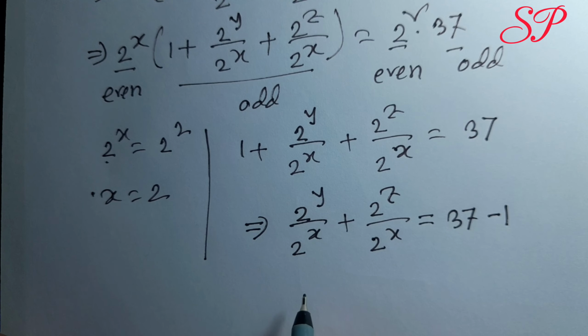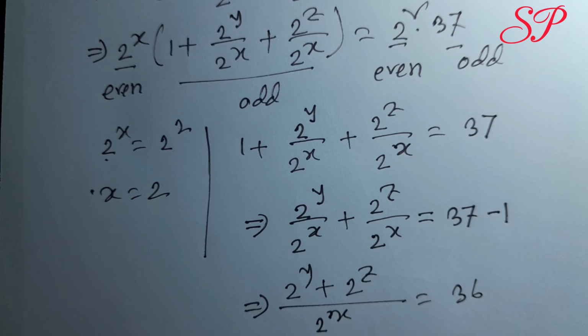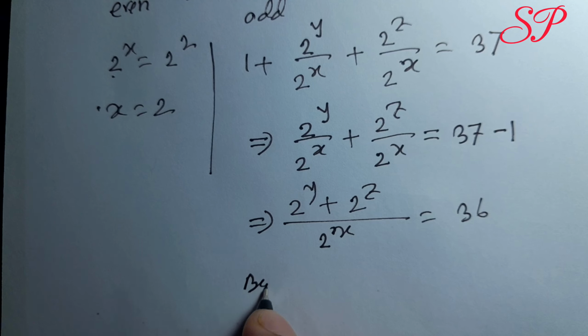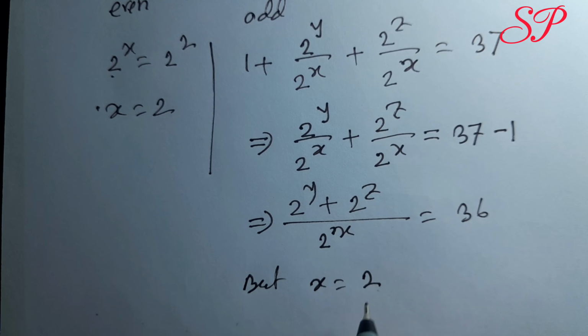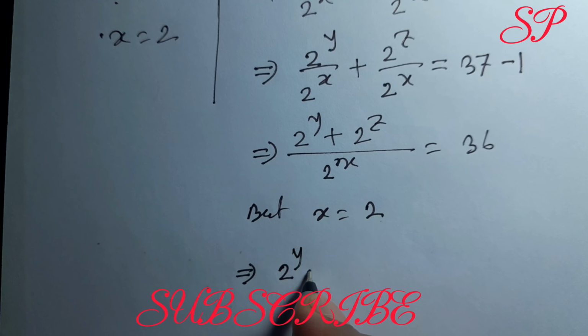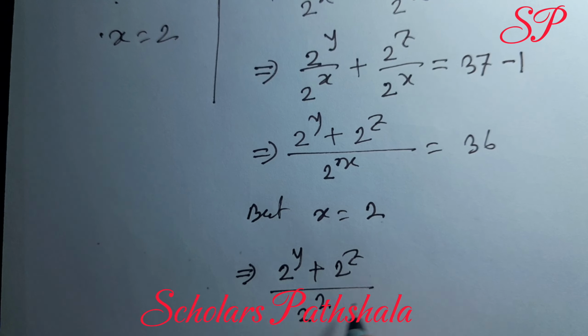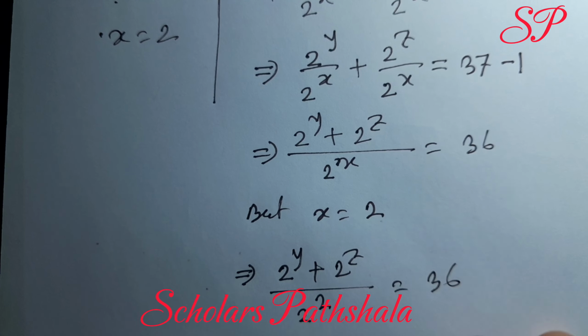Okay, the LCM is 2^x, and 2^y + 2^z is equal to 36, but x is equal to 2, so we can write (2^y + 2^z) by 2 square is equal to 36.